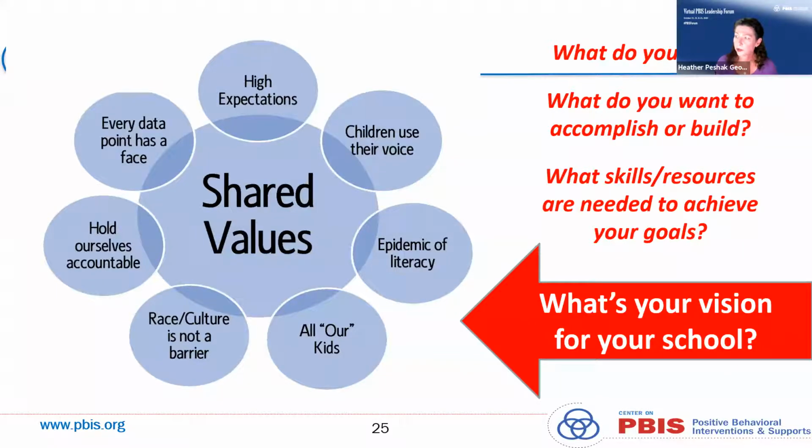And so I think there's a lot of folks that come into PBIS with a different angle. If we're that classroom teacher, we're saying, I need positive behavior support in my classroom. I might not have my administrator bought in yet, but what I envision for my classroom is I want my kids on task. I want them to feel safe, that they can come and ask me questions.